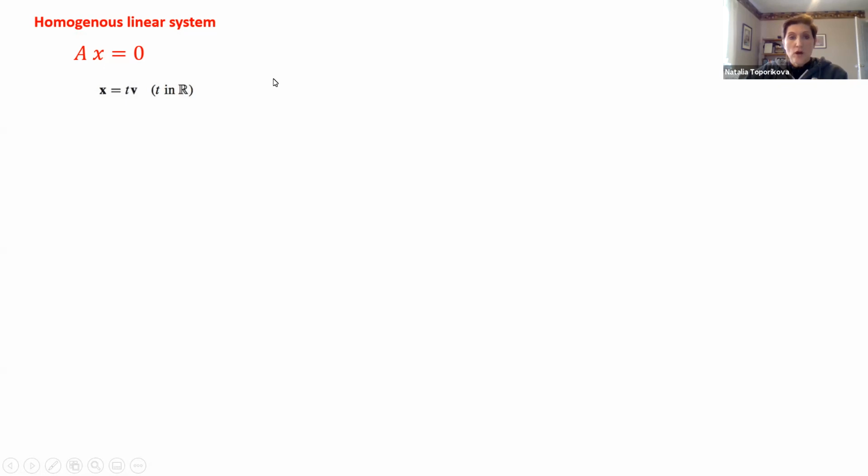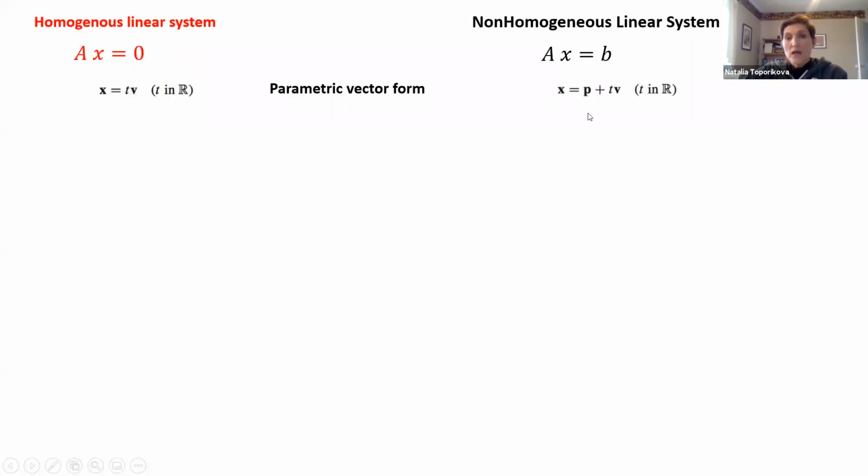So today we will try to expand this result to a non-homogeneous system. So the system Ax is equal to b, where b is not equal to 0, so b can be a vector of any numbers. In this case, we can actually have a solution which is kind of similar to our homogeneous case.